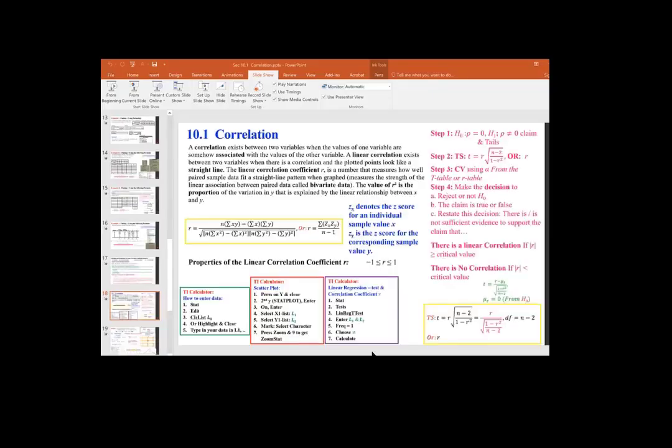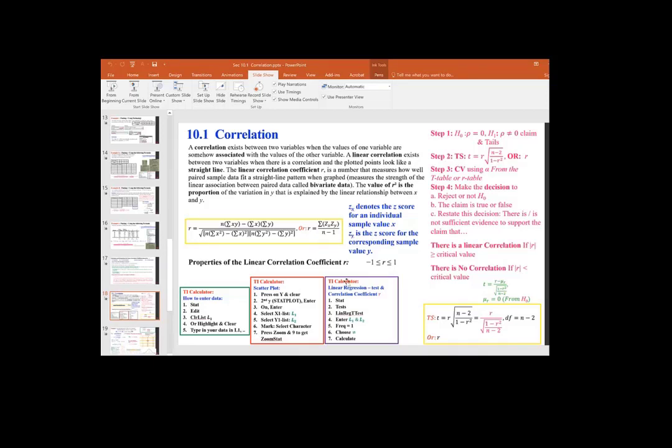Also, if you look at the formula in green, we would write r minus mu sub r. Again, mu sub r comes from H0 and it's always 0, mu sub r referring to the r itself in essence.